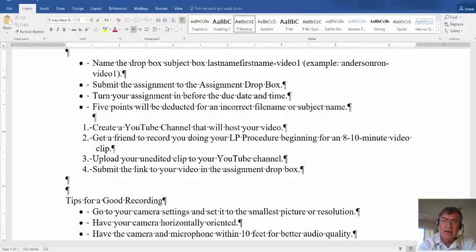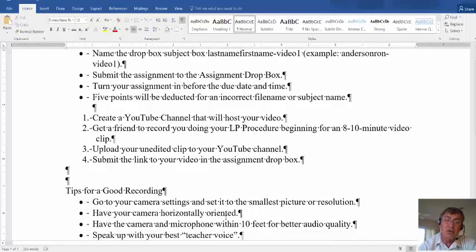I recommend these tips for good recording. Go to your camera settings and set it to the smallest picture resolution, just because if it's too high quality, it might not accept that much memory. You might have troubles with YouTube, but it doesn't really matter. It doesn't have to be the smallest. It's just whatever works for you.